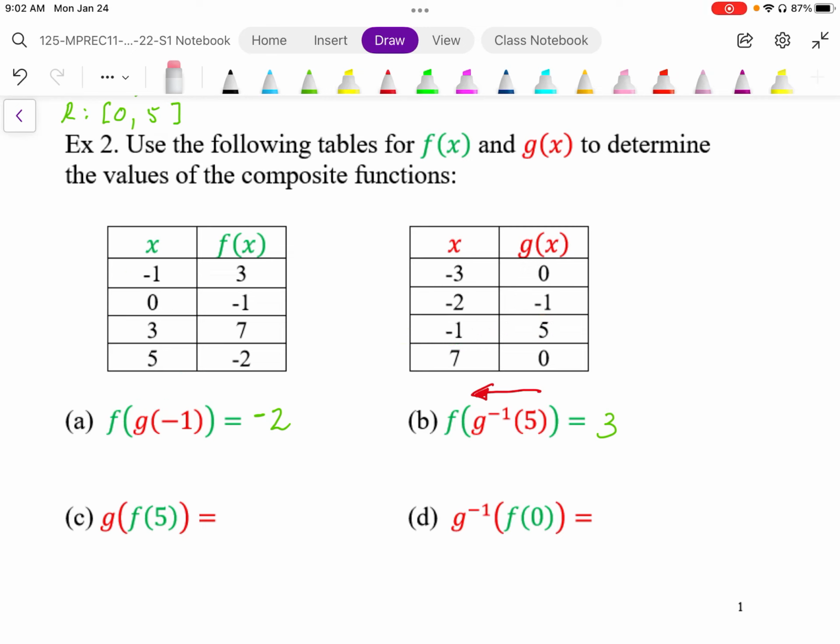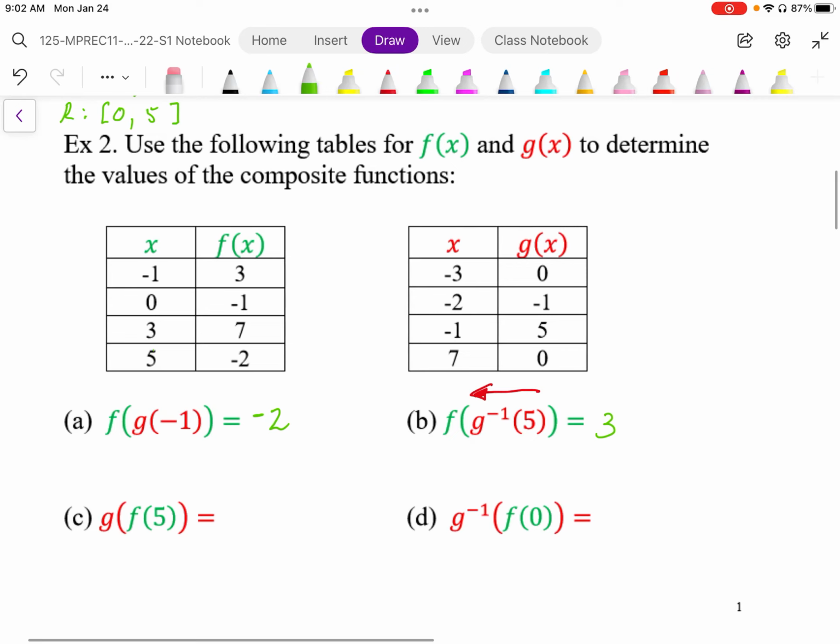Looking at C, we're going to start with the f function inside. So we're going to start with the input 5 to get an output of -2. That -2 output then becomes the input value of the outside function g. So there's my -2 value, and I apply it through the g function, and I get an output of -1.